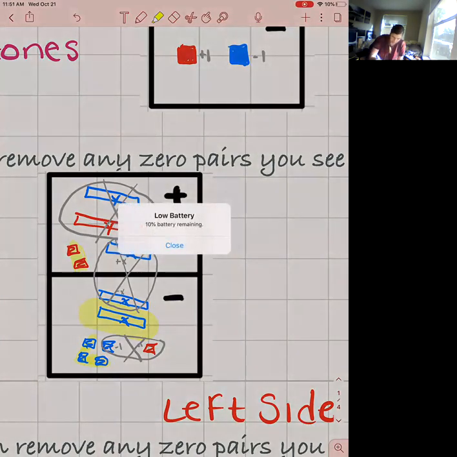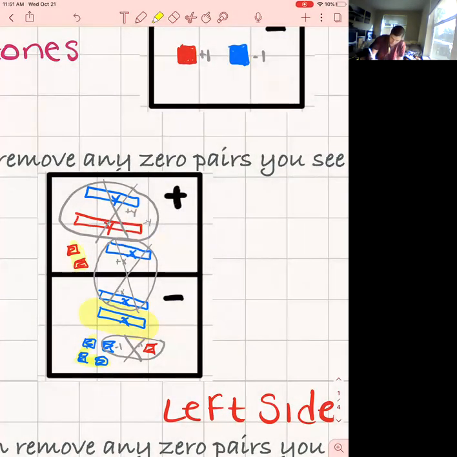So I need to name that guy. So I now have negative x, because that's a positive x tile in the negative zone, so he's a negative x. I've got 2 red tiles up there, minus 2. And these 3 down here are actually minus 3 because they're positive tiles in the negative region.